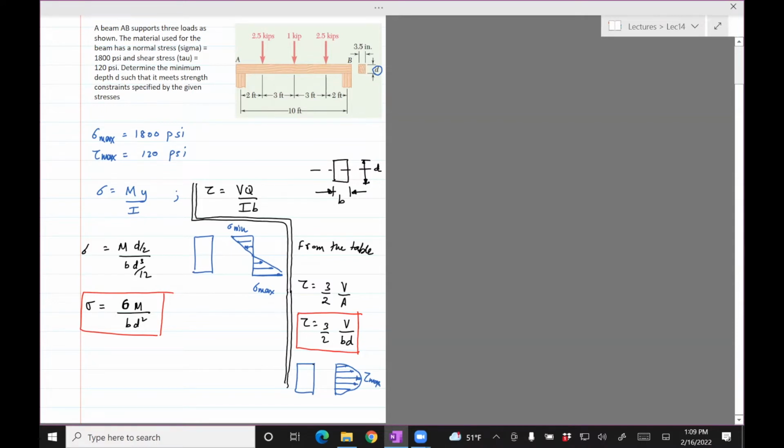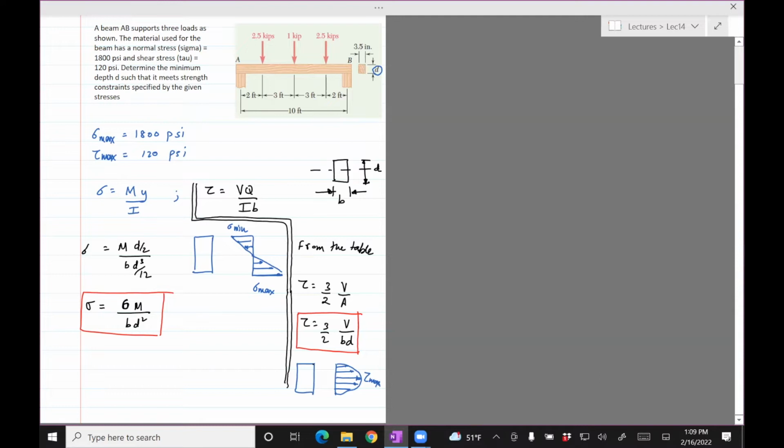So what needs to be done is our design calculations, assuming the first criterion, normal stress, governs. Compute D and see if it meets the requirement for shear stress. If it does, the design is good.